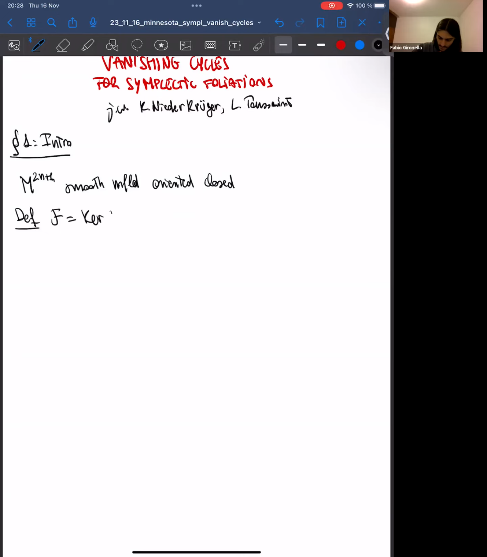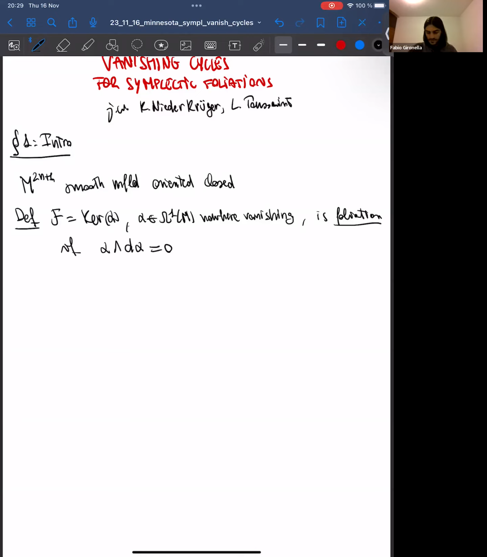We write them as the kernel of a nowhere vanishing one-form alpha on our manifold. So this is a foliation. We have the following condition: alpha wedge d alpha needs to be 0 everywhere. Okay.